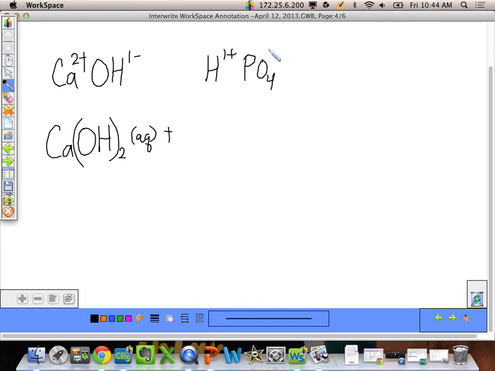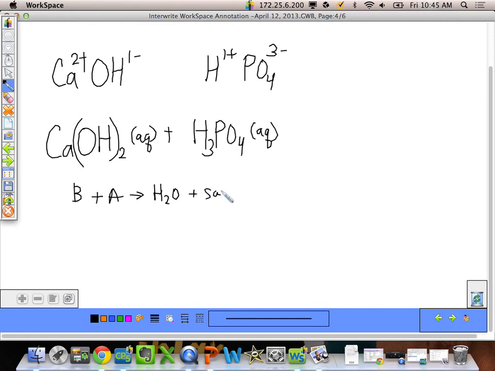Negative, of course. Yeah, it is 3-. So H3PO4, and again that's aqueous. So base plus acid gives me water and a salt.